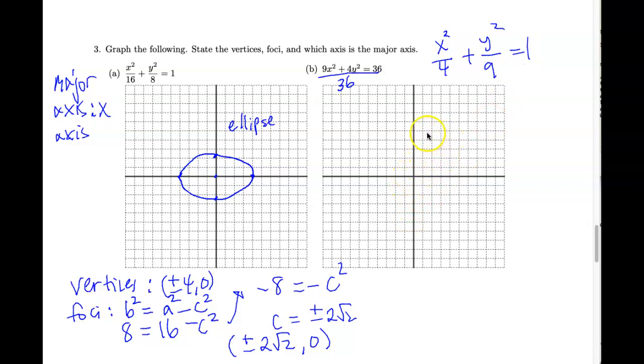So now, because the larger number in the denominator is under y, the major axis is the y-axis. I should just be writing MA for major axis. But it's the y-axis.